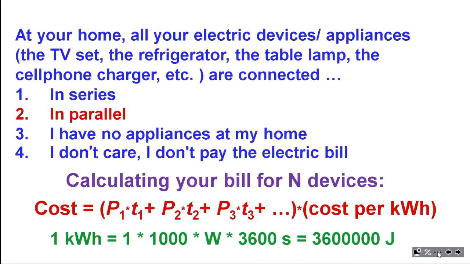Power times time gives you the amount of work done by the second device. And they do it independently. And then you just multiply the total amount of work by the rate. That gives you how much you pay. Hopefully, the number you get and the number you get in the bill are the same. You should check, just in case.